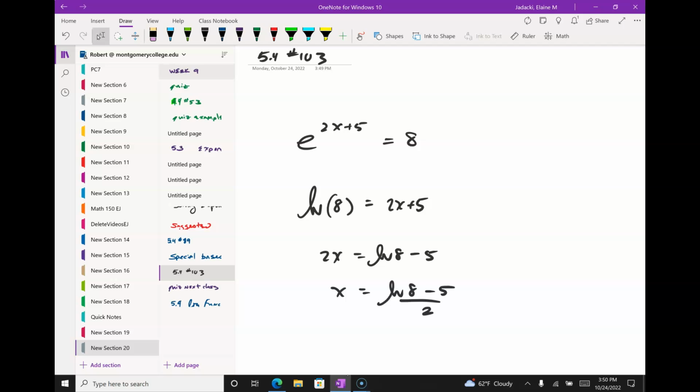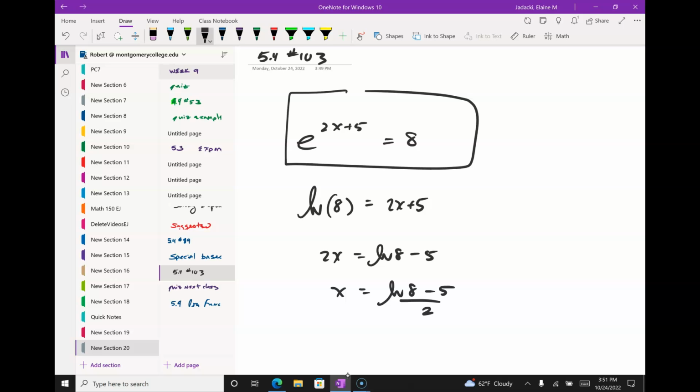Now, why did I have to translate it? If I'm going to solve this one for x, I have no choice. Why? I'm solving for x, but where does x live in this original problem? In the exponent.